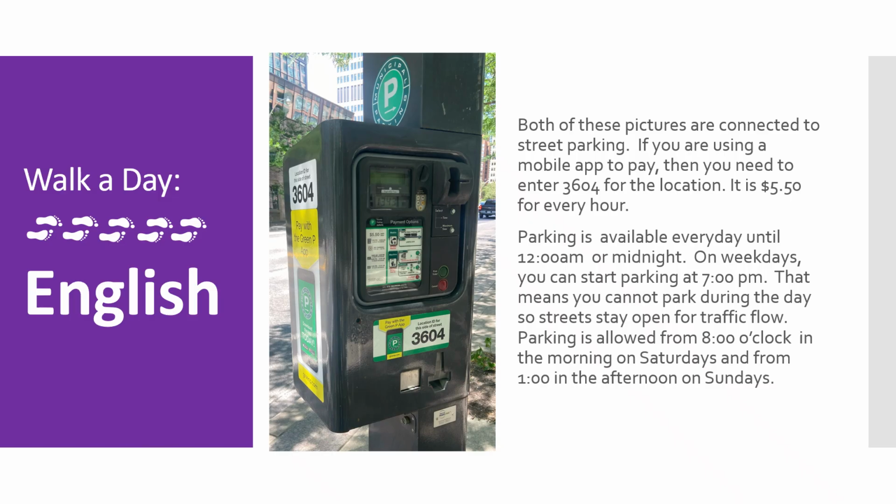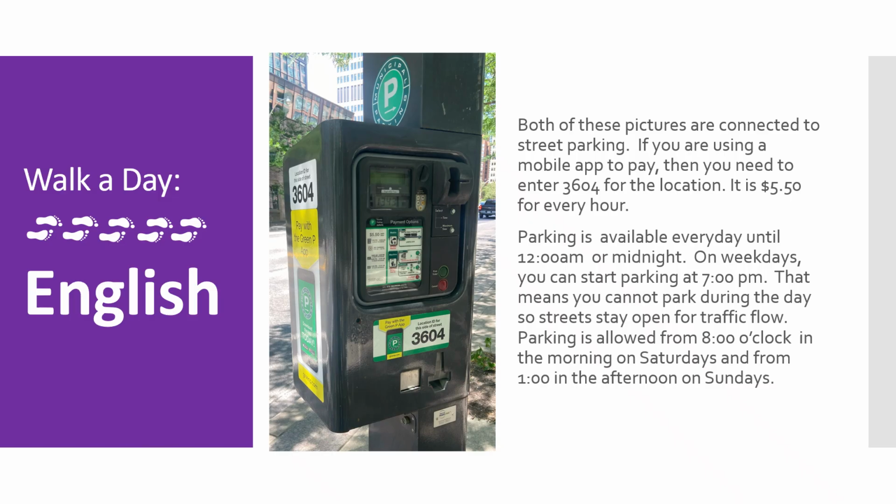Both of these pictures are connected to street parking. If you are using a mobile app to pay, then you need to enter 3604 for the location. It is $5.50 for every hour. Parking is available every day until 12 a.m. or midnight.